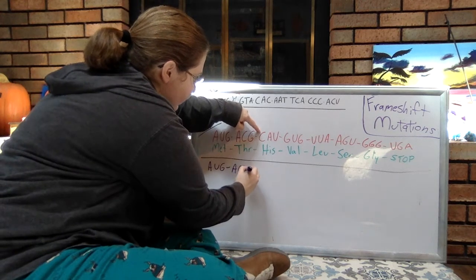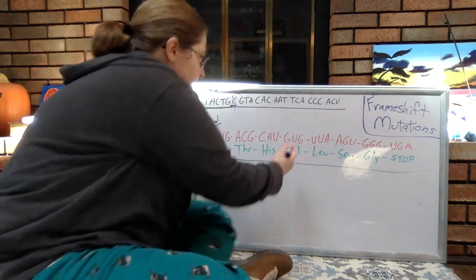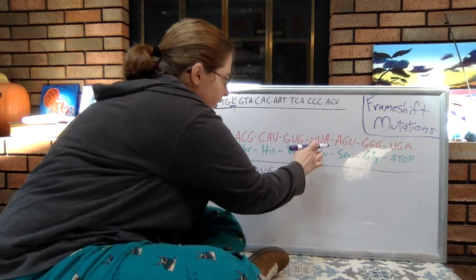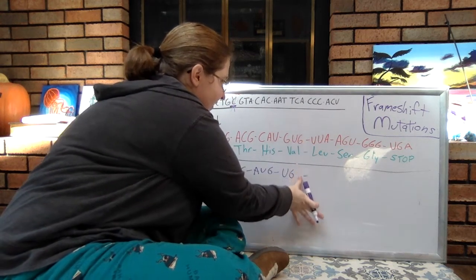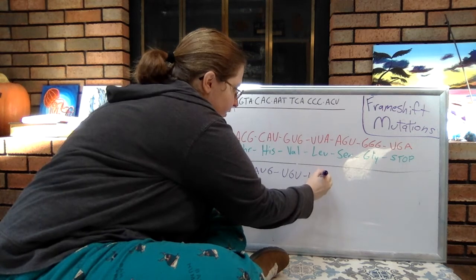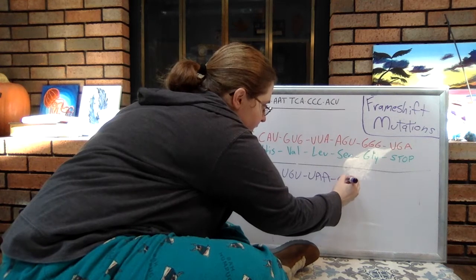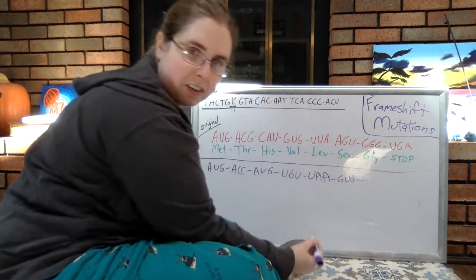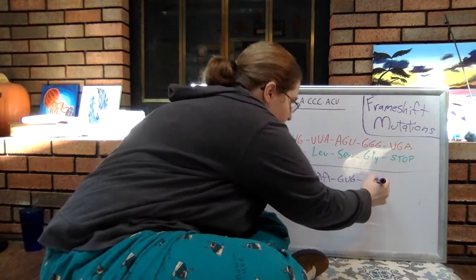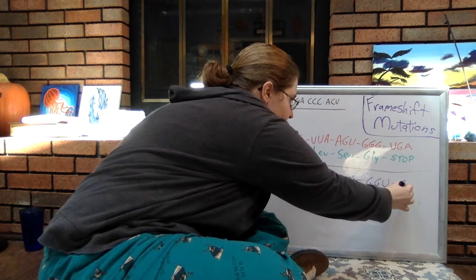So C, AUG, UGA, UGU, I'm sorry about that, UGU, UAA, GUG. I know my handwriting is getting bad, I apologize. So GUG, GGU, GGU, and GA.